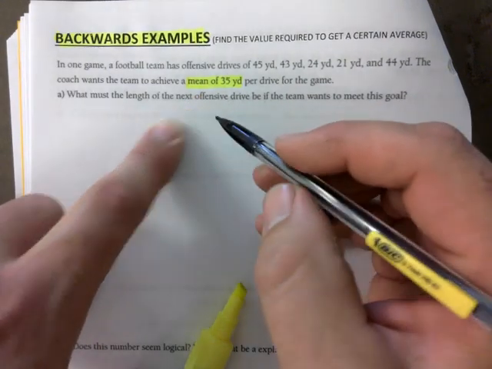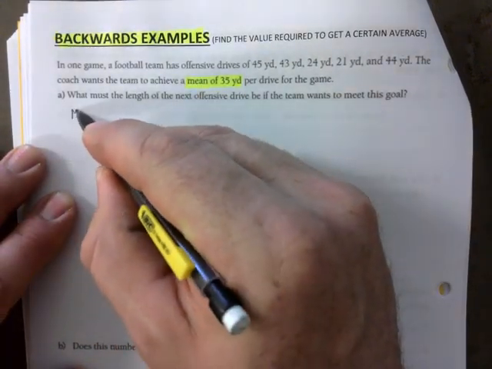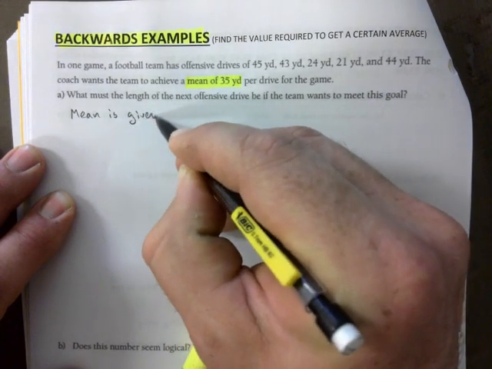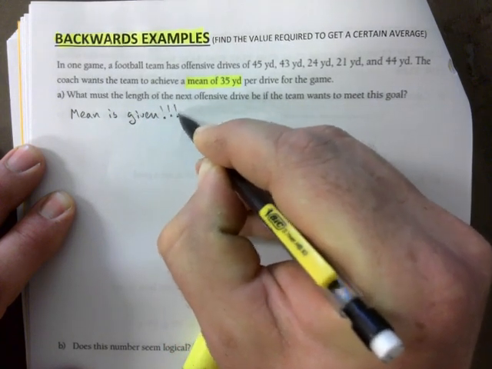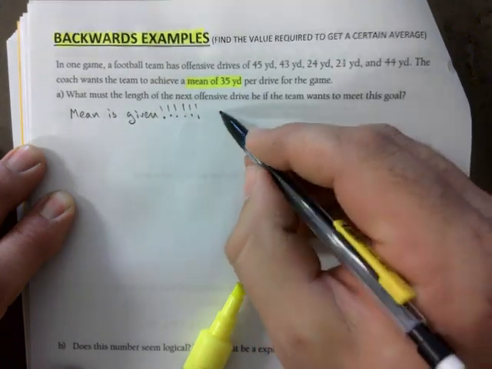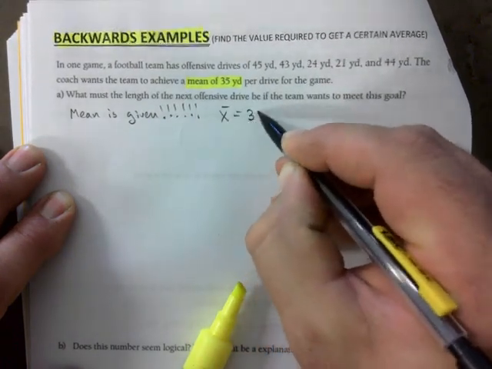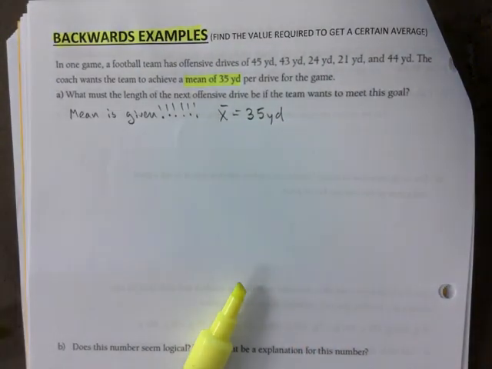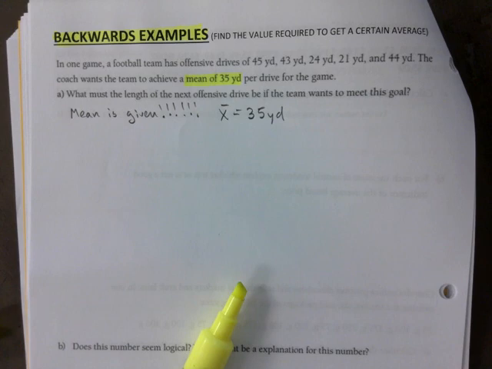The mean is given, so write that down. There are 6 drives, and the mean is 35 yards, which means you need to find out what's missing, the missing piece.